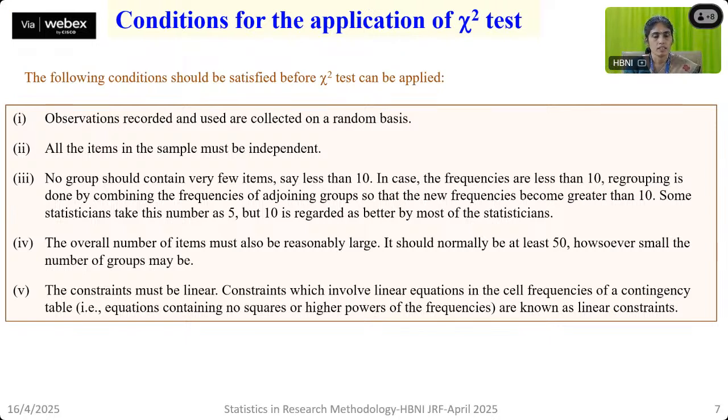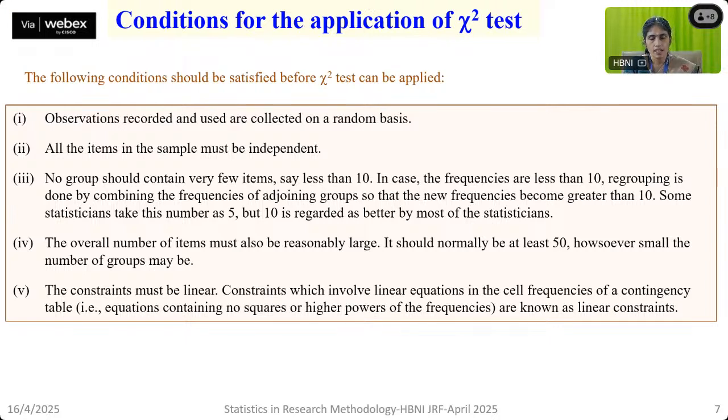And the data collected are supposed to be independent. That means one factor is not affecting the other one. This rule was applicable in the case of error propagation rules also. Otherwise, one has to consider the covariance of whatever factors are available. So these are the presumptions based on which chi-square tests are applied.